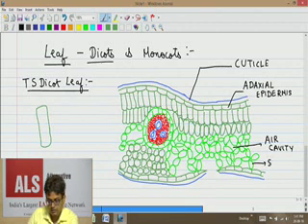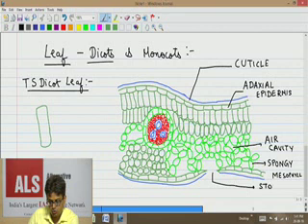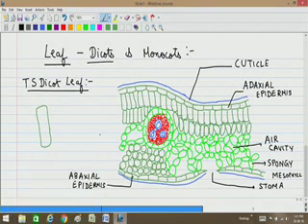This is the spongy mesophyll. Okay, this is the stoma. Okay, this is the abaxial epidermis.